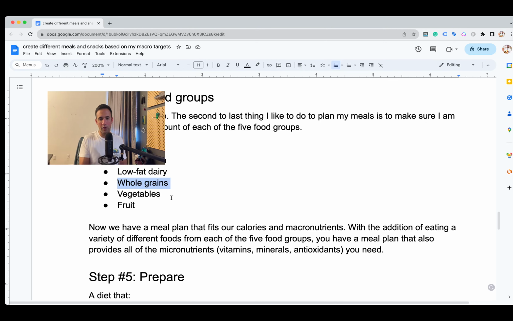So when you take that into account, now you have a meal plan that fits your calories and your macronutrients. With the addition of eating a variety of different fruits from each group, you now have a meal plan that also provides all the macronutrients, vitamins, minerals, antioxidants that you need. So, right, this is a real nice way to bring it all together.